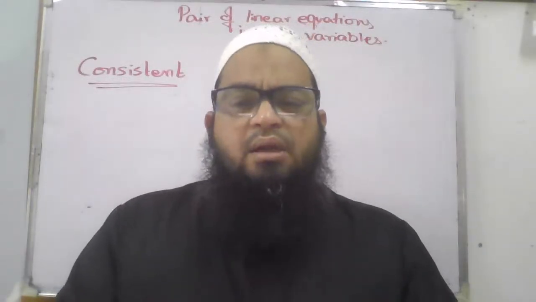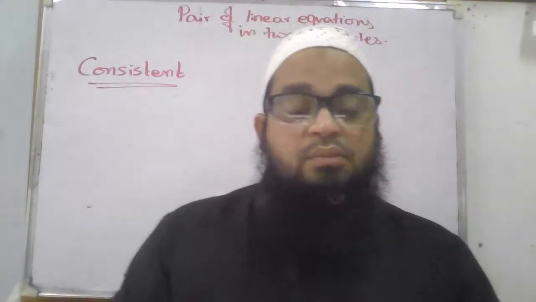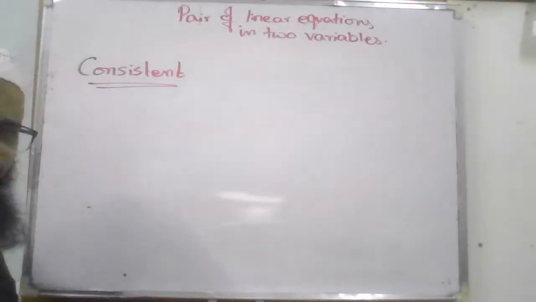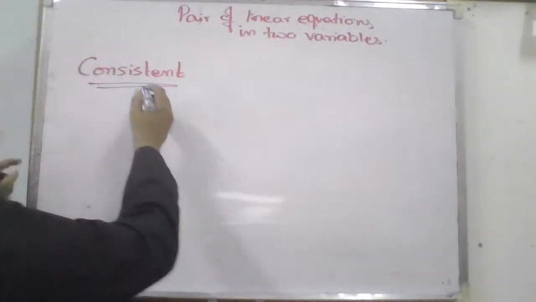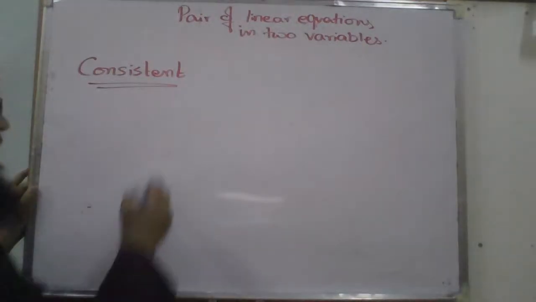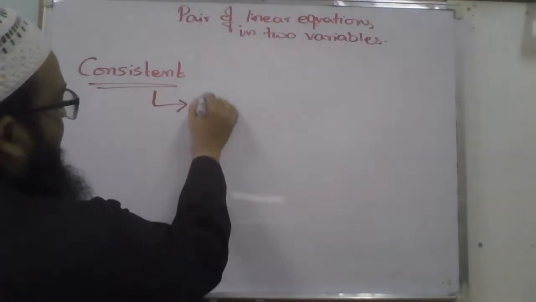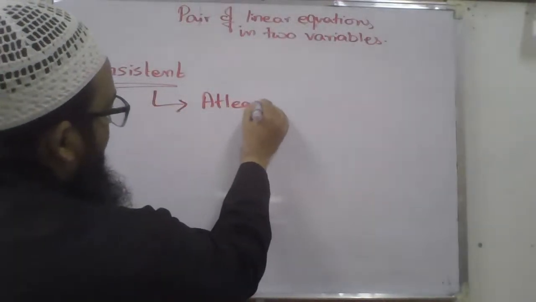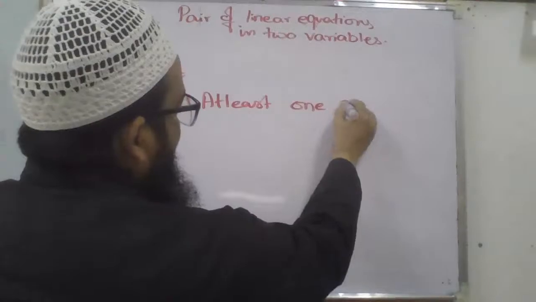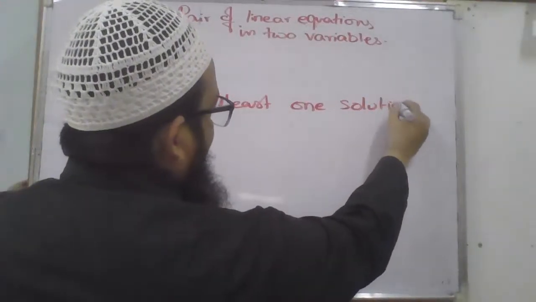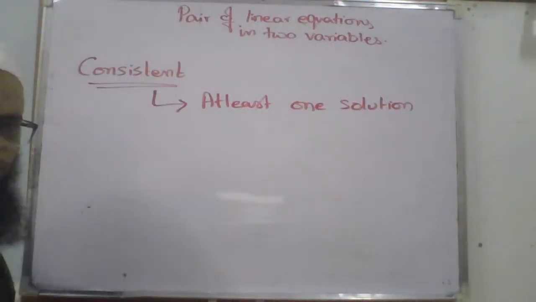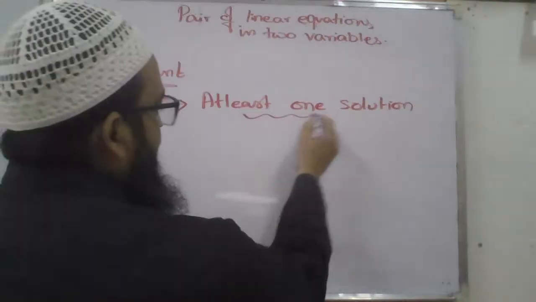Okay, now the pair of linear equations are consistent which has at least one solution. So you have lines where you have one solution. Why do I say at least one solution?